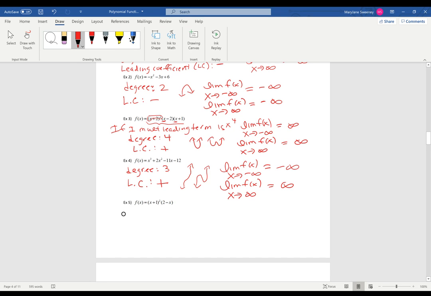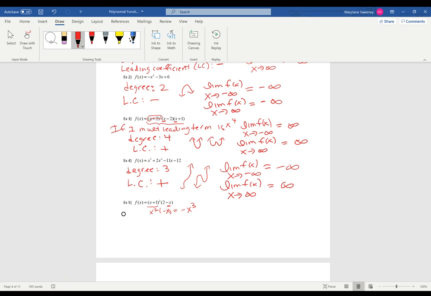Next one is not multiplied through. So again, you don't have to multiply it all through, but what you want to think of, so if I FOILed this out, this would be an x squared times the leading term here is a negative x. So that'd be a negative x cubed.